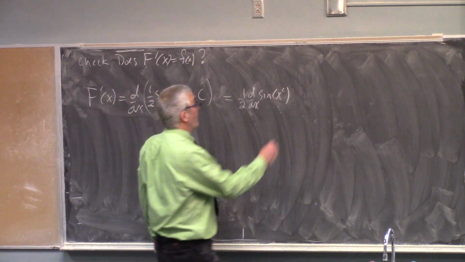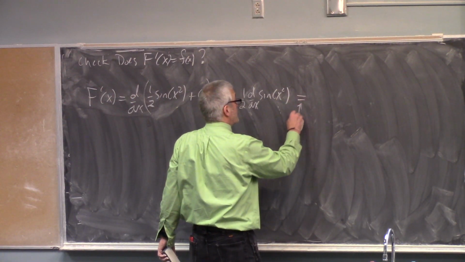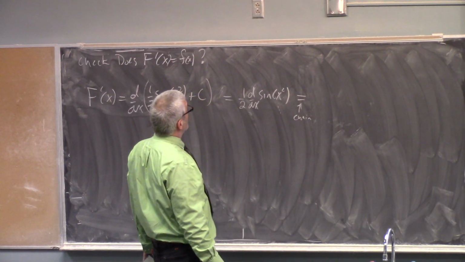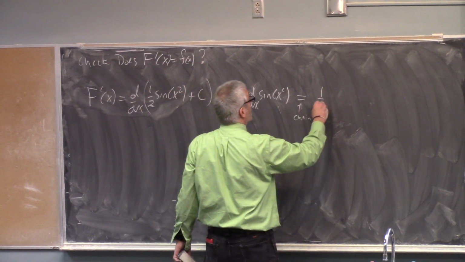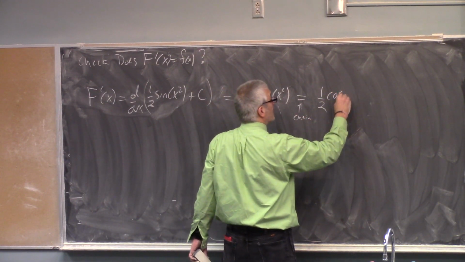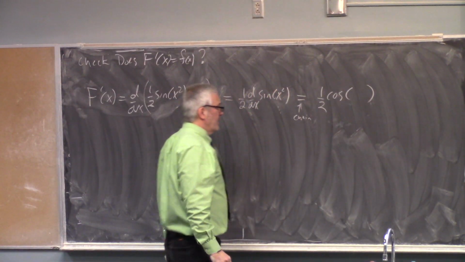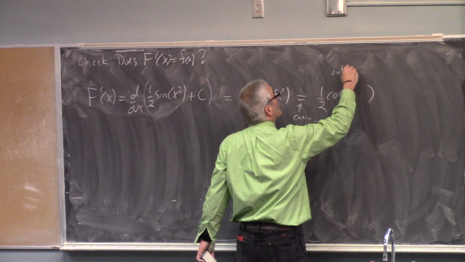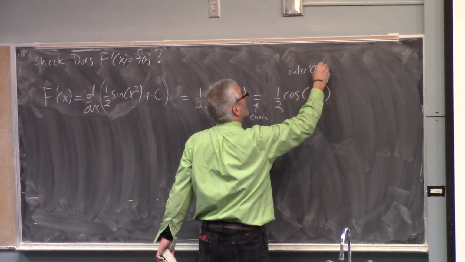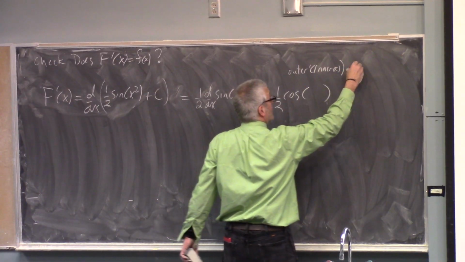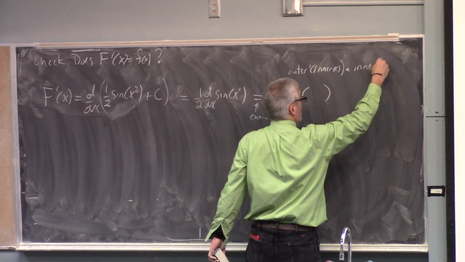And then I have to use the chain rule. So I'm going to have a 1/2. I'm going to have my outer prime. My outer function is sine of parentheses, so I should have cos parentheses. So I should have outer prime of inner of x times inner prime of x.